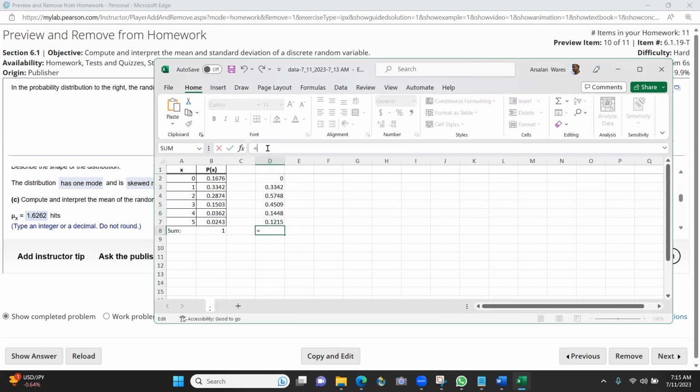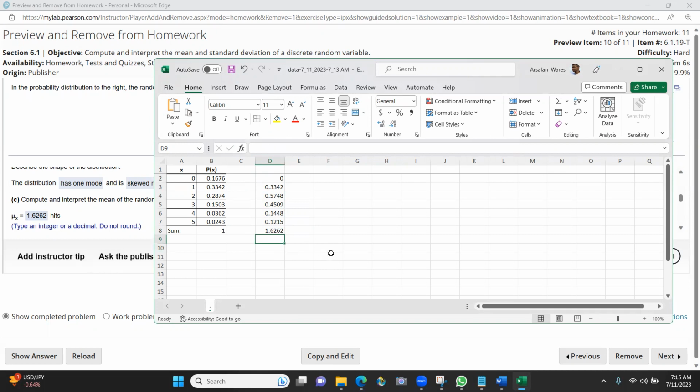Add up the whole thing. I'm getting 1.62. That's exactly what they got.